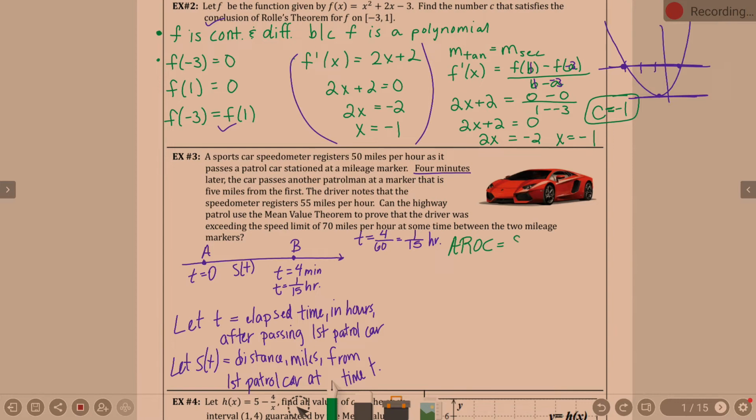So the distance evaluated at, what are my times? The S of 1/15. So in other words, the distance at 4 minutes later, 1/15 of an hour, minus the distance at time 0, over b minus a, right? So 1/15 minus 0.